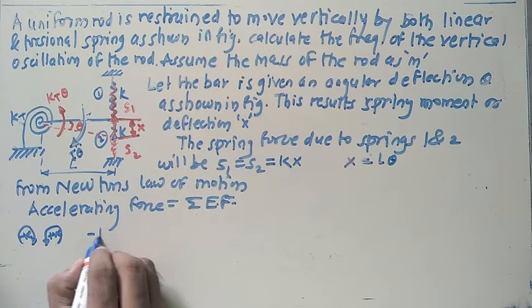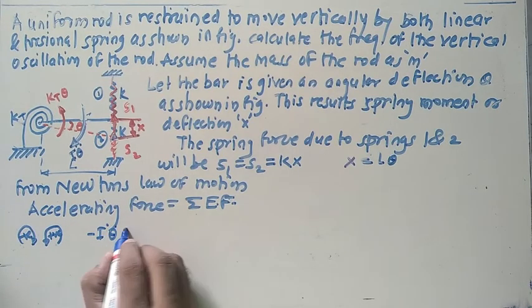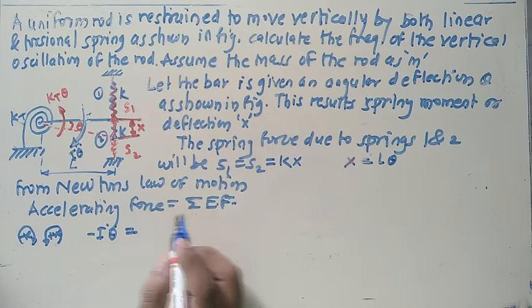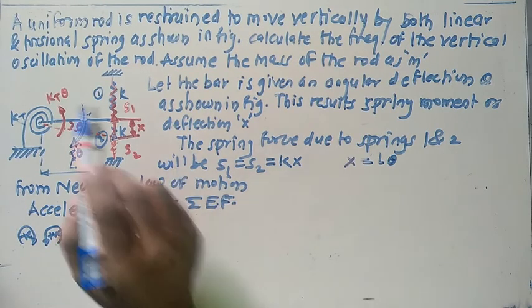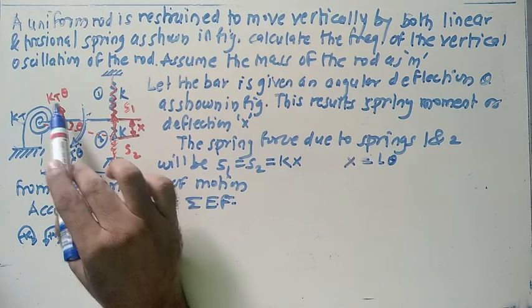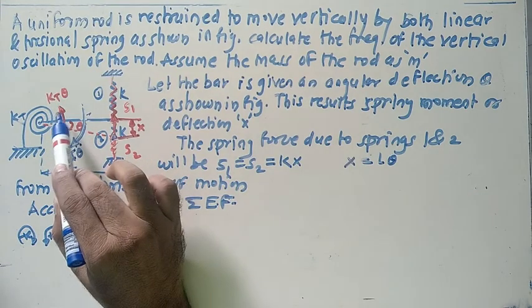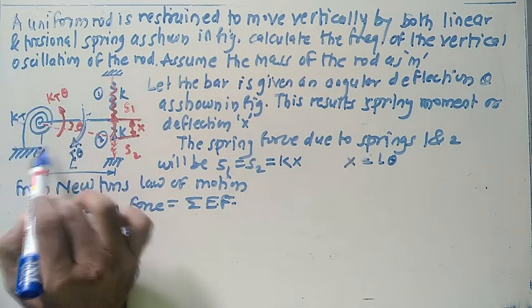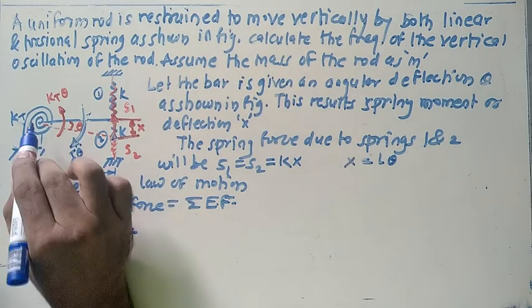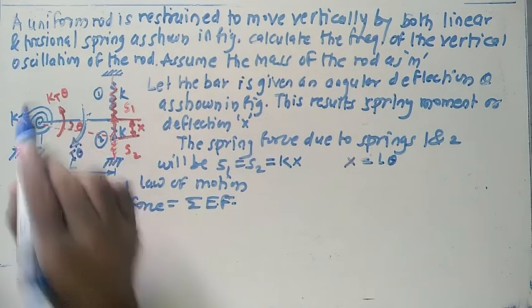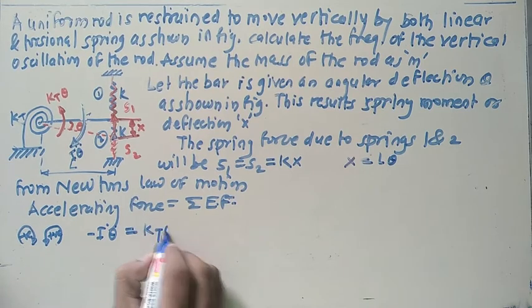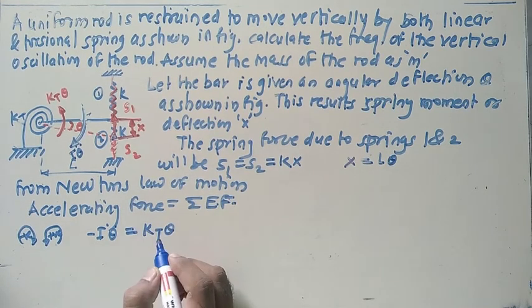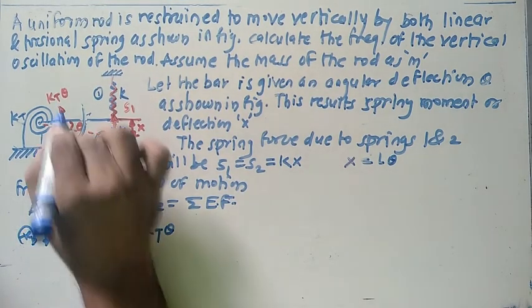So minus I into theta double dot equals to, just focus on the external forces. So external force starts from here, kt into theta. So this kt into theta is about this point. So the distance here and this kt theta, this term you have to consider as it is. So kt into theta, this turns about this point in which direction?